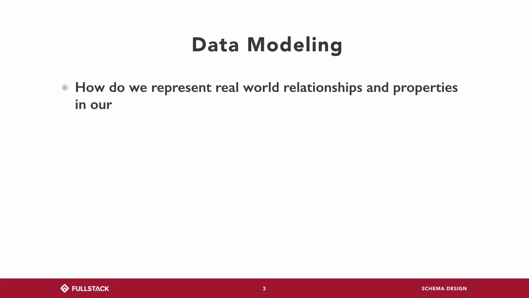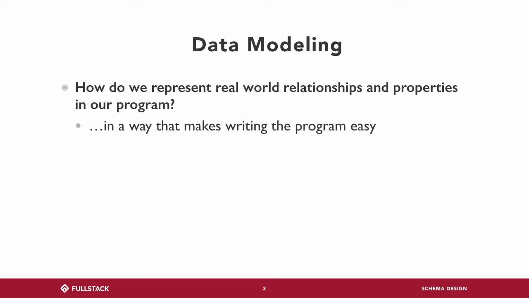When we look at data modeling, the thing to do is to think about how we are modeling some real-world relationship. So what is that thing that we're modeling? We want to do it in a way that makes sense, right? We want to name things in ways that make sense. We want to make them somewhat flexible for changes.